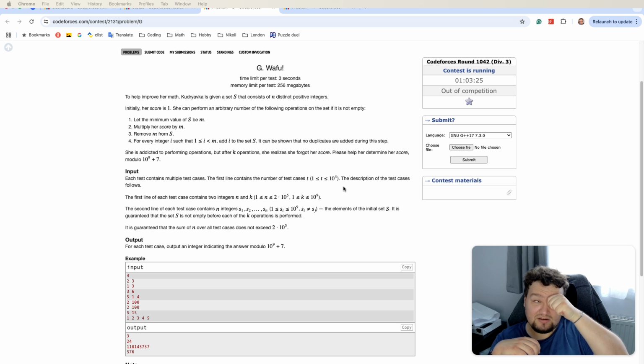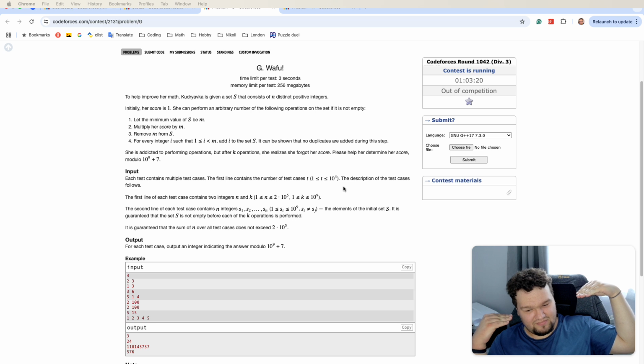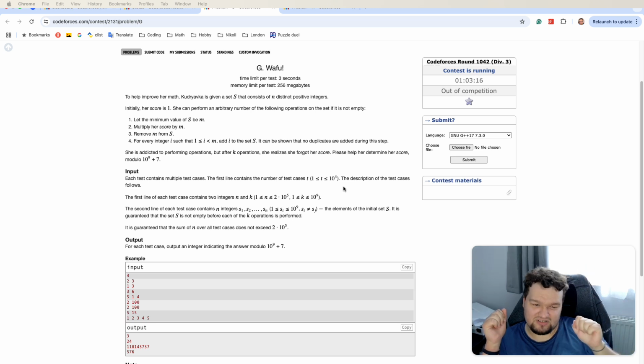After we exhaust them, the only change to our set is that we removed the smallest element.